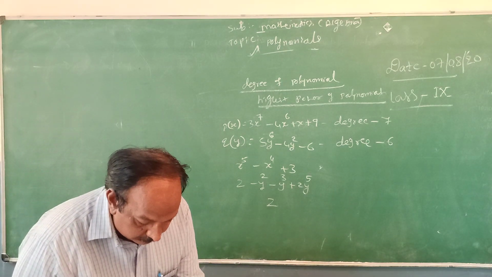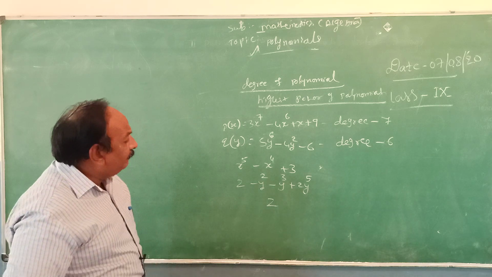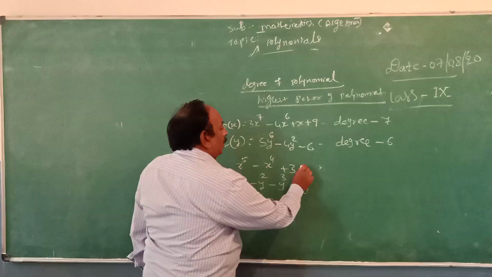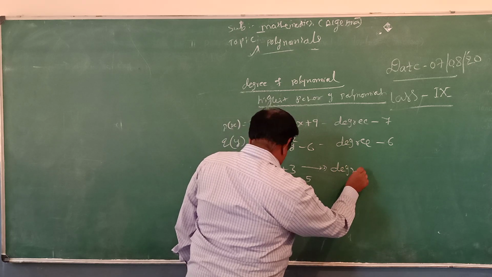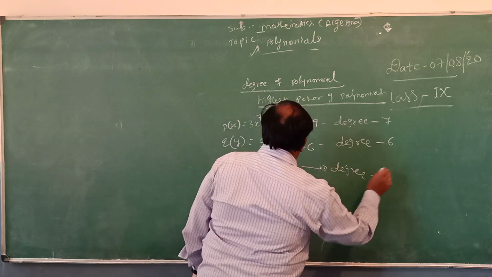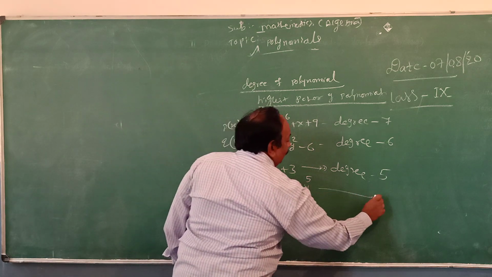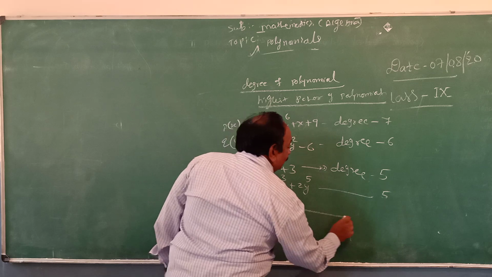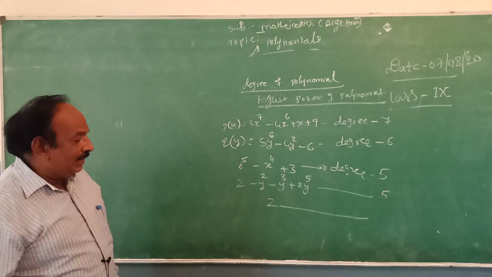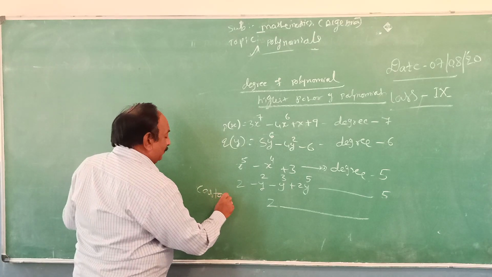Now, the degree of the polynomial. What is the degree? The degree of the polynomial is 5 because the highest power is 5. Here also 5. What is the degree of this constant polynomial? This 2 is called a constant polynomial.